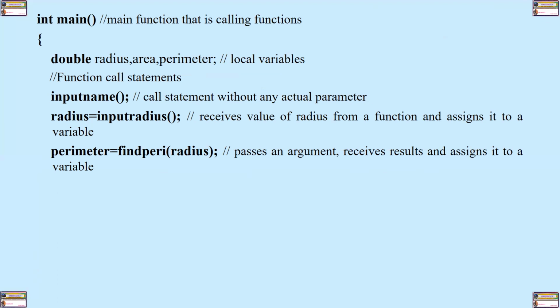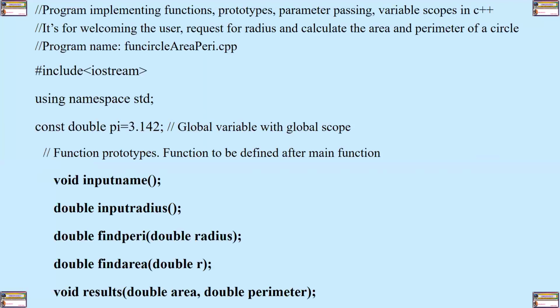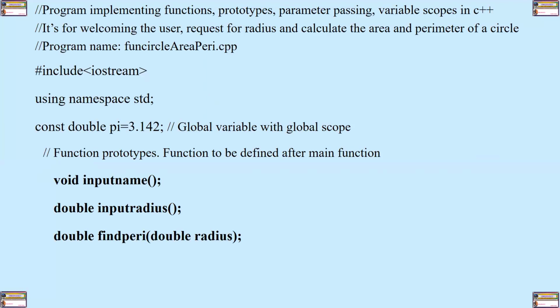It will invoke the function called find perimeter, and it will pass to it a value called radius. And the compiler is aware that before it goes there, the value it will pick is supposed to come under an assignment. So it means the function called find perimeter is expected to return a value. So it will go after or before main and find out whether there's a function called find perimeter. It is already passing a value to it, so it will check for the parameter. Yes, provision of a parameter is there, and the function is supposed to return a value of type double.